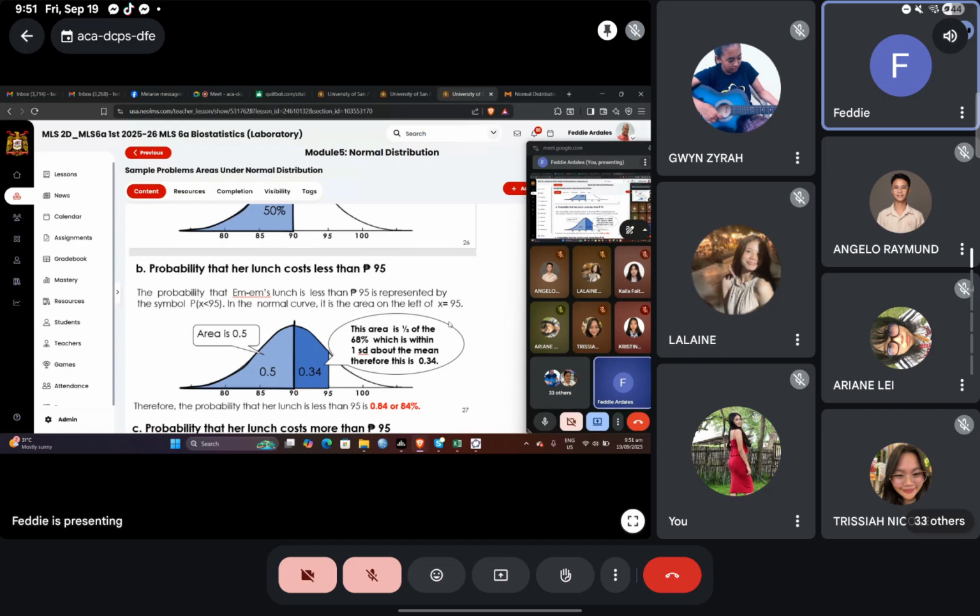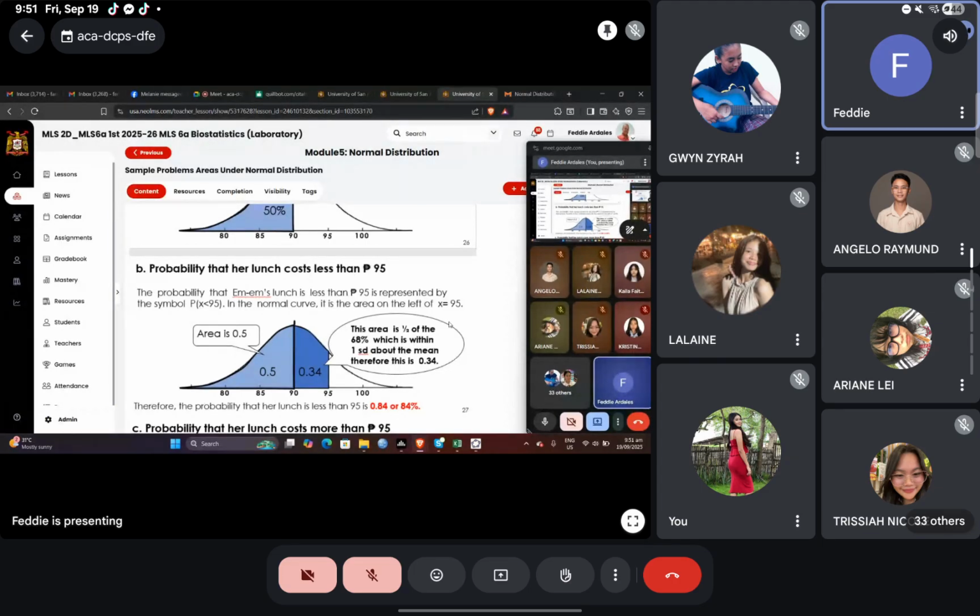Between 85 and 95, which is one standard deviation of the mean, the area is approximately 68%.